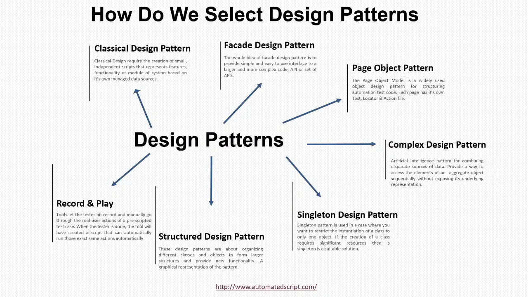Now, the third one that comes here is the structural design pattern. This design pattern is all about class and object composition. Structural class creation patterns use inheritance to compose your interfaces. Structural object patterns define ways to compose objects to obtain new functionality.